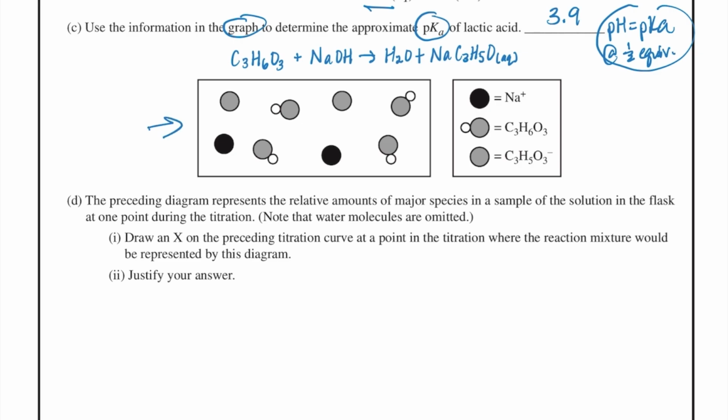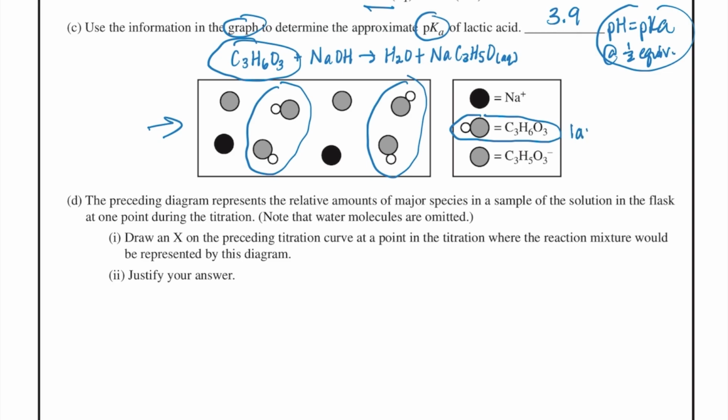What I can see from this diagram is I have more molecules of this lactic acid, and so that is my excess reactant. I'm going to make a little note here that my lactic acid is excess.